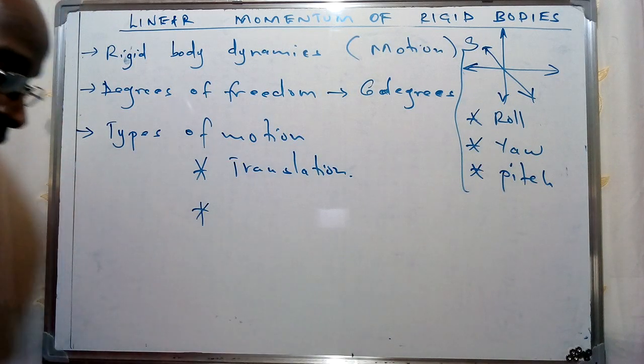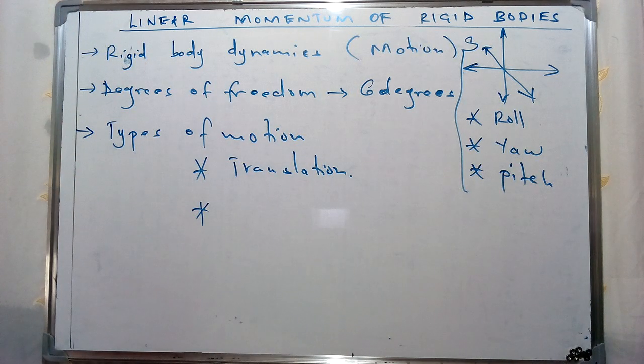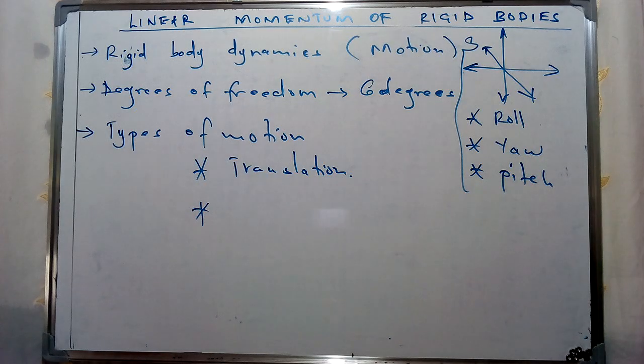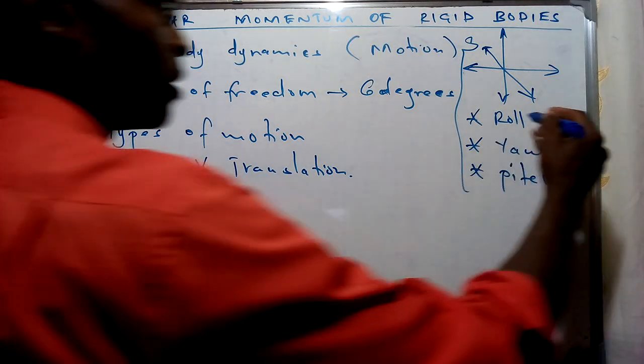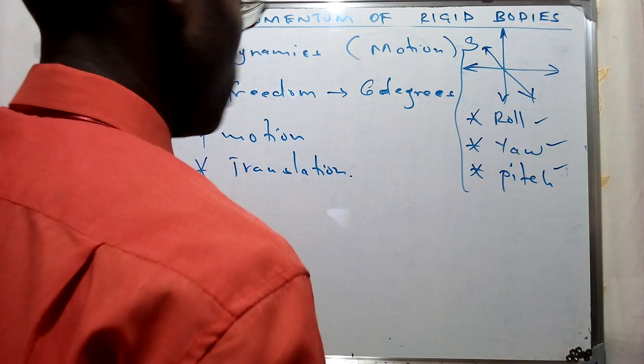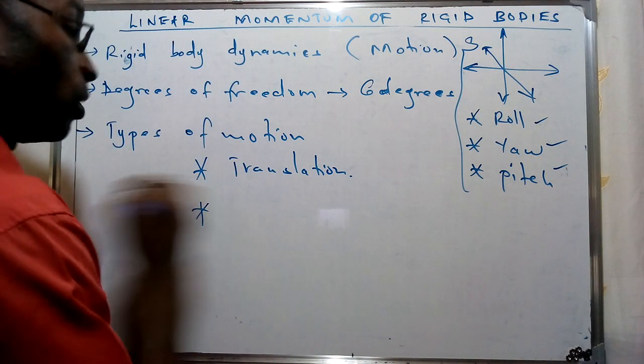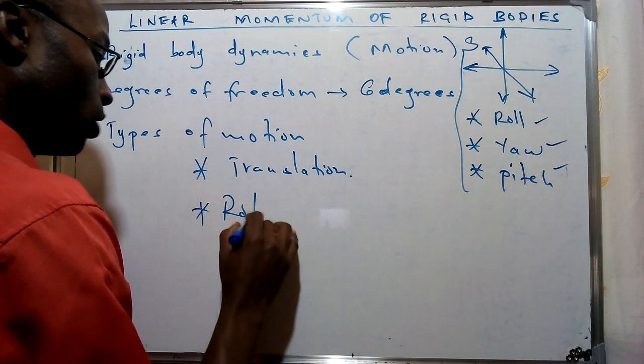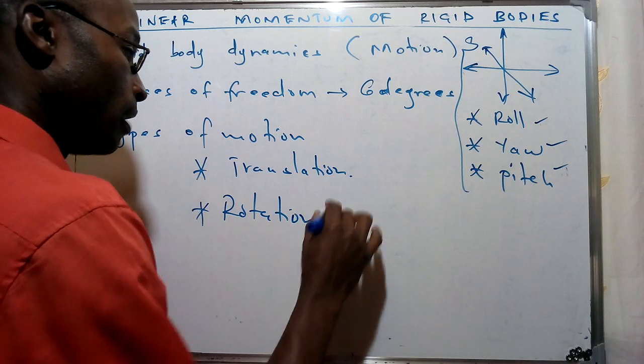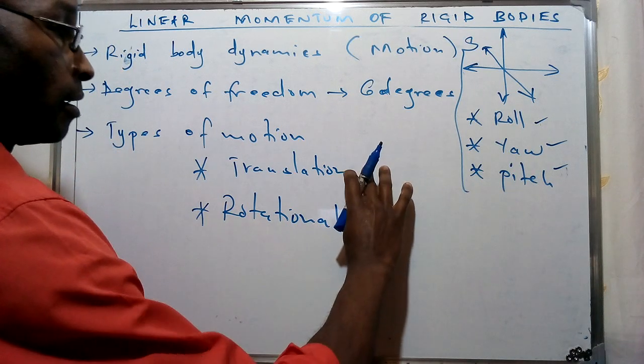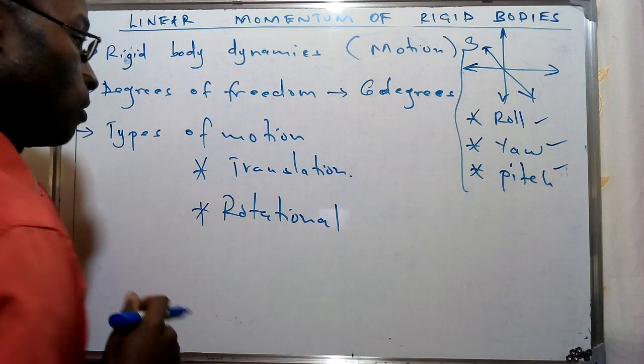And then the second is rotational motion, which I gave using these 3 independent sets of displacements. So this one is a rotational motion. And therefore, we said that this particular rigid body is going to exhibit these 2 types of motion.